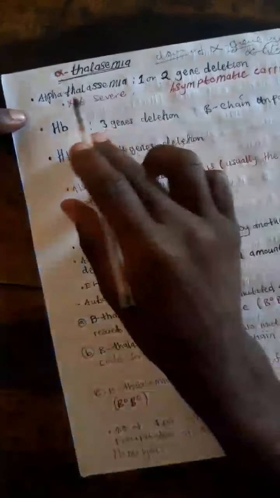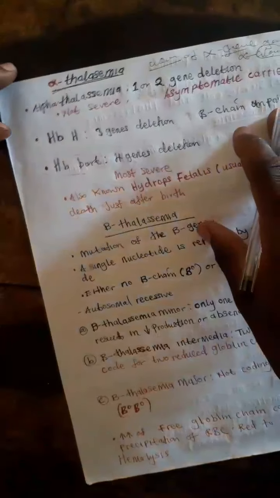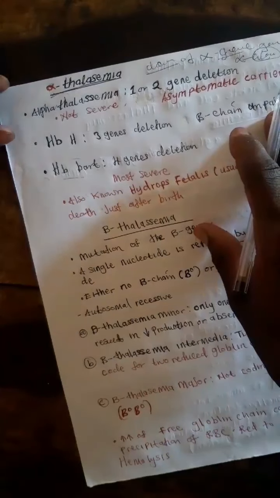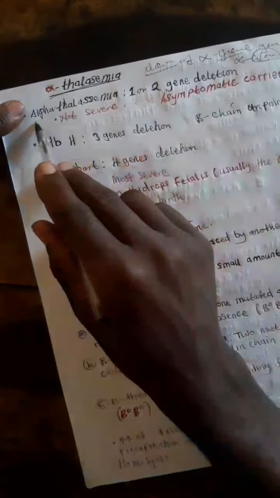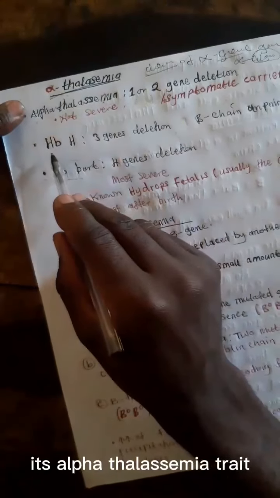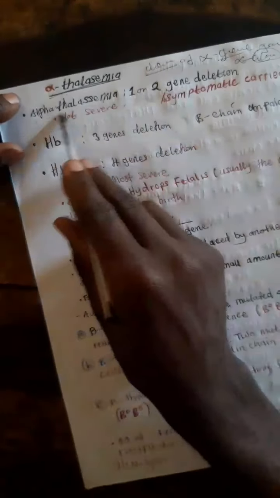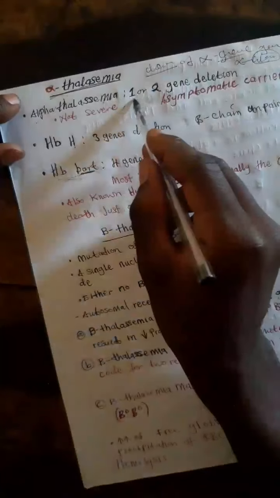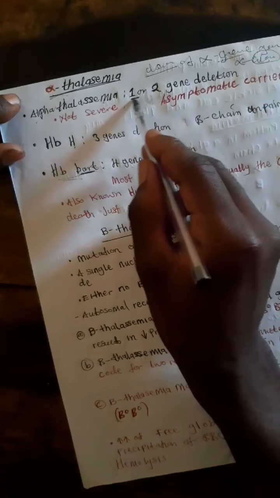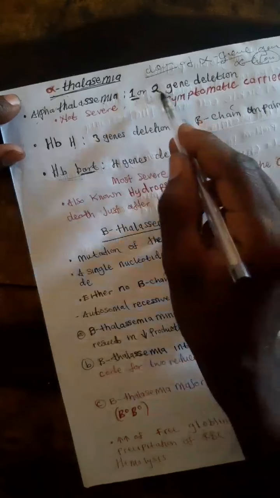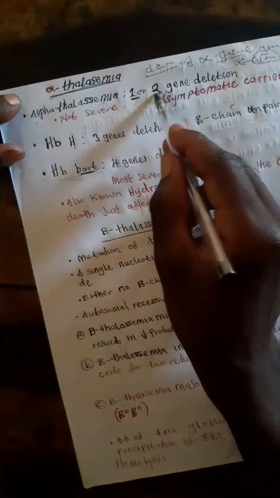Okay, so this alpha thalassemia can be classified into alpha thalassemia, hemoglobin H, and also hemoglobin Bart. So alpha thalassemia is either the deletion of 1 alpha gene or 2 alpha genes.